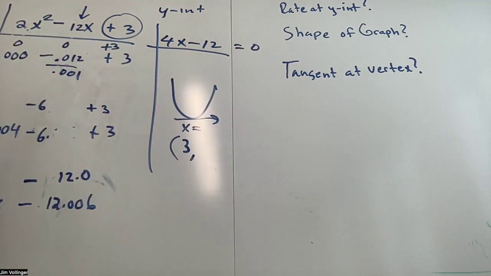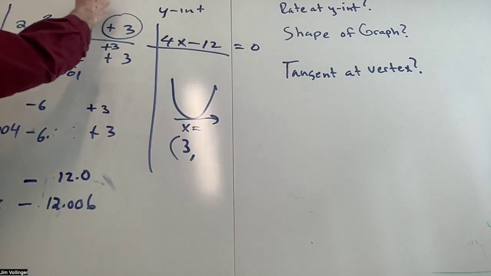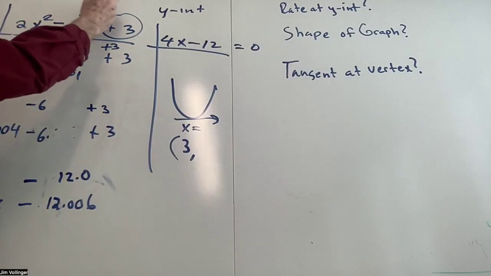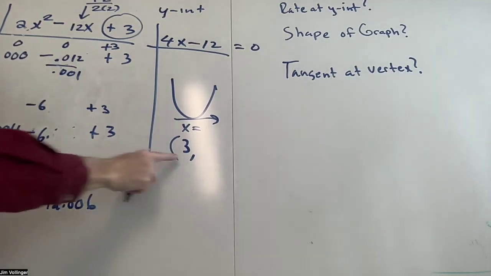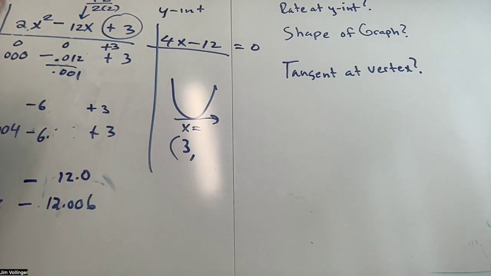Now, what have we been doing to this point in time? We've been doing minus b over 2a, which is quick too. That's quick. Minus b, 12 divided by 2 times 2. Boy, what a coincidence. That's also 3. So how do I sketch? How do I sketch? What do I know?